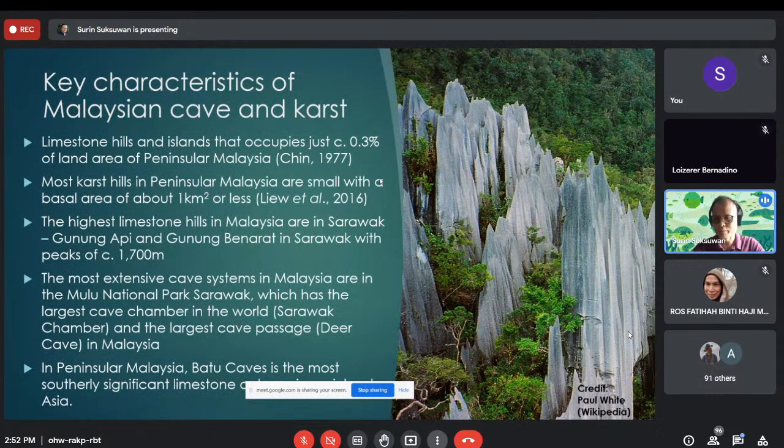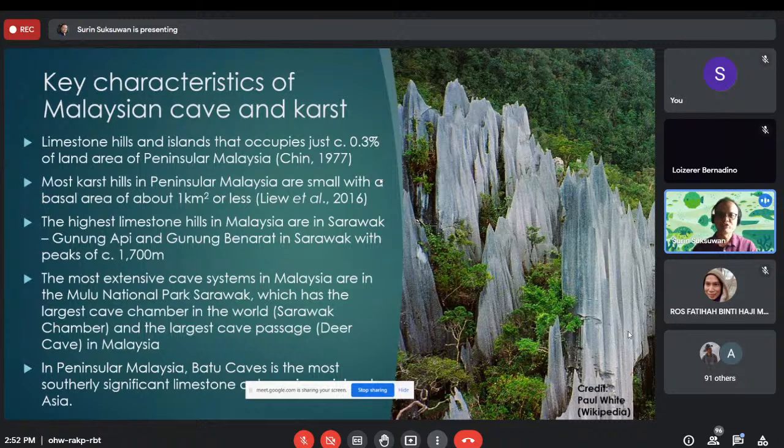Right, so just to summarize very briefly some of the key characteristics of Malaysian cave and karst. Jaime has mentioned this before. Limestone areas only occupy a very small area of Peninsular Malaysia, something like 0.4% of the land area. Also, the limestone hills tend to be relatively small.